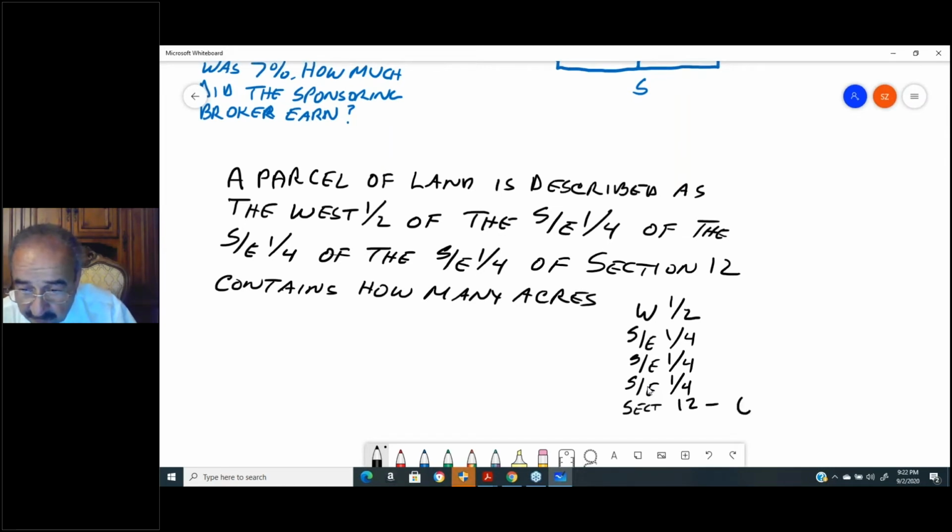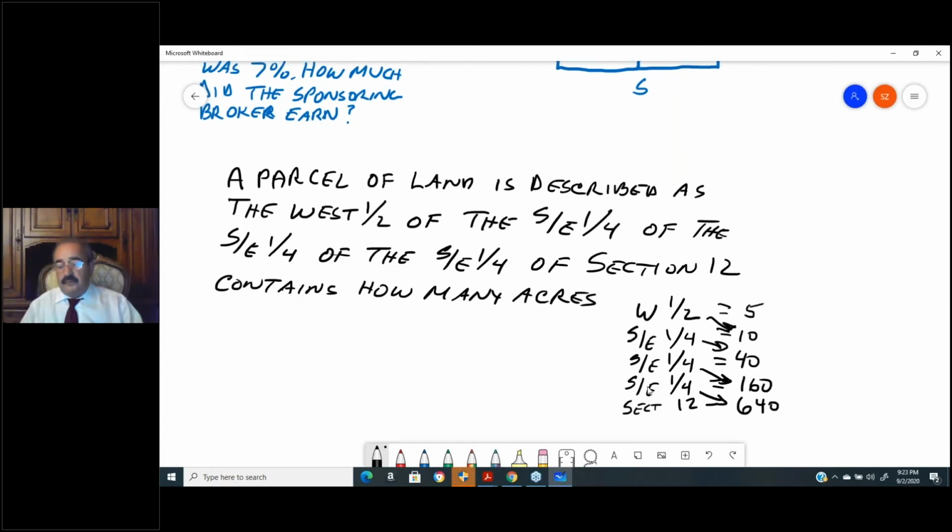Section 12 contains 640 acres. You always start off with the section, you write it out, work your way backwards. 4 divided into 640 equals 160. 4 divided into 160 equals 40. 4 divided into 40 equals 10. 2 divided into 10 equals 5. So it's 5 acres. Most of you got it right.